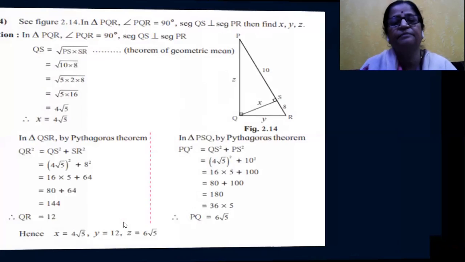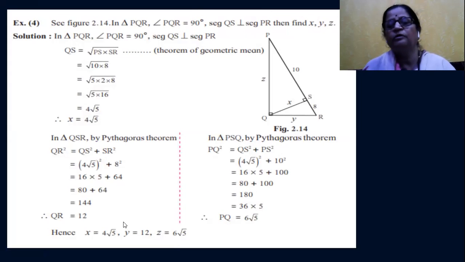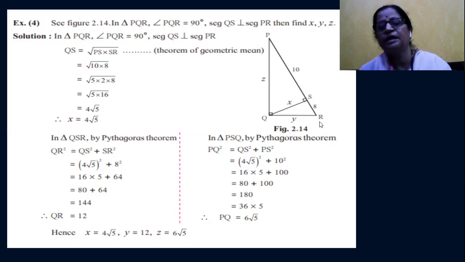In the next example, we have to find the values of x, y, z. Here in triangle PQR, angle PQR is equal to 90 degrees and segment QS is perpendicular to segment PR. We have to find the values of x, y, z.